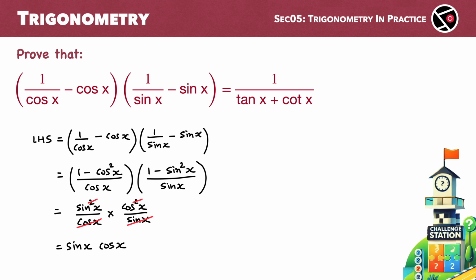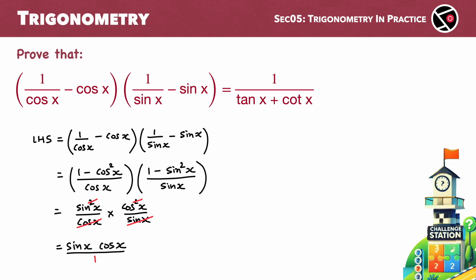The left hand side equals sin x times cos x in the numerator and 1 in the denominator. But the right hand side has 1 in the numerator and tan x plus cot x as the denominator. How do we proceed?